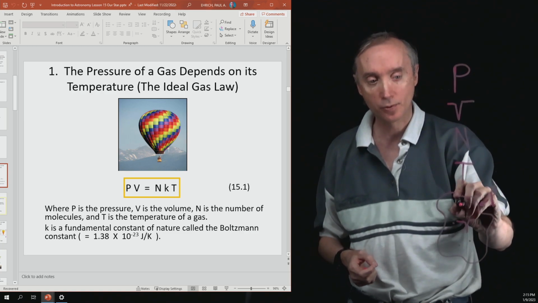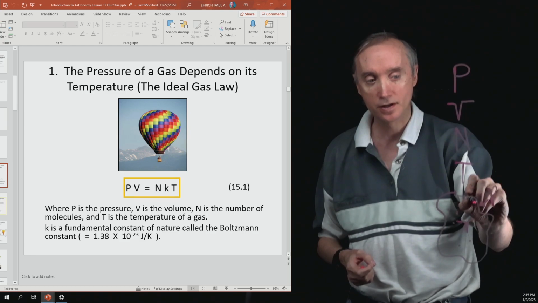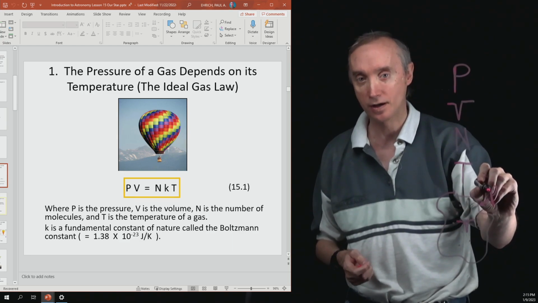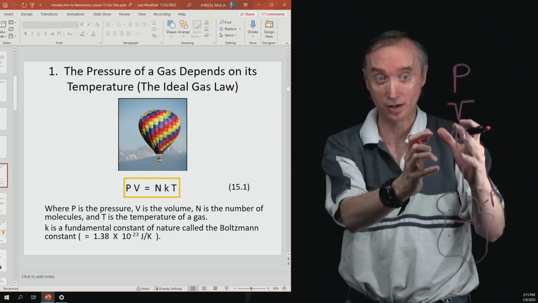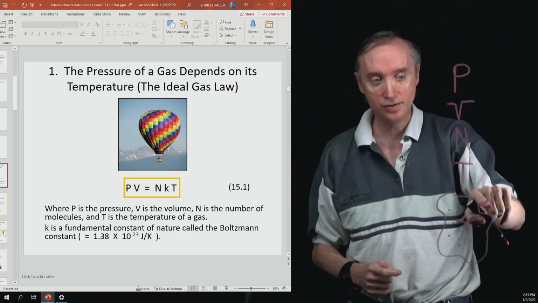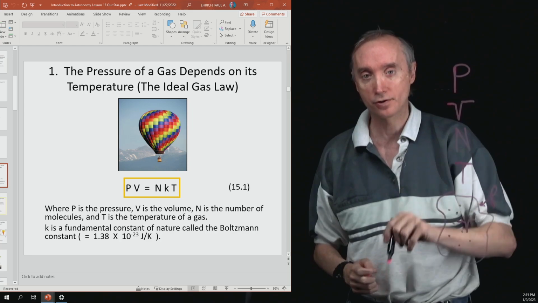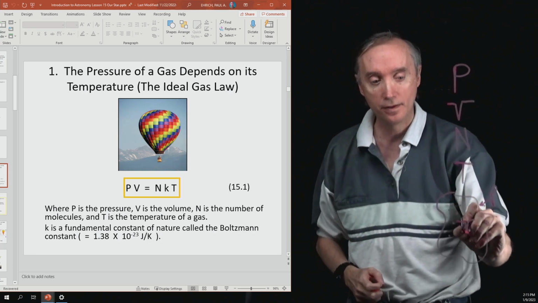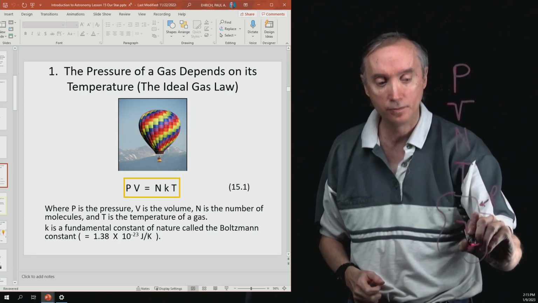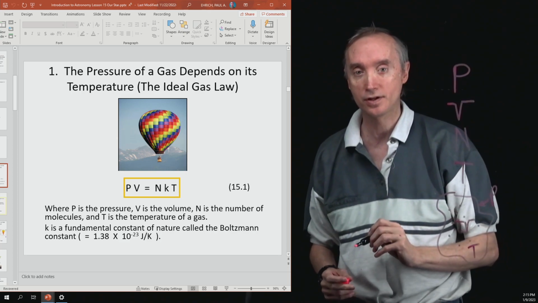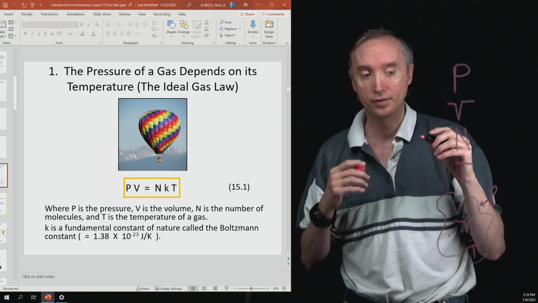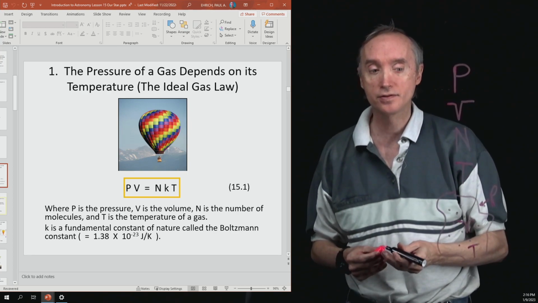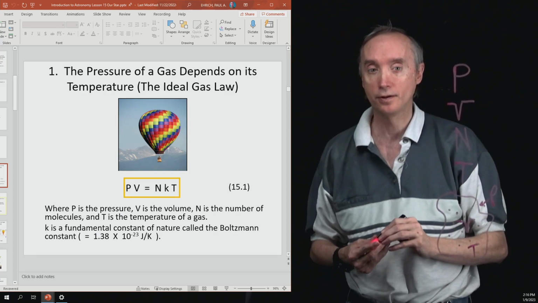It turns out that the pressure on the inside is going to be equal to the pressure on the outside, otherwise the balloon would start to expand or collapse. So it's easier again to think of that pressure as being on the outside. And then this little volume of gas is going to be at a certain temperature T. Those are the things that go into this formula.